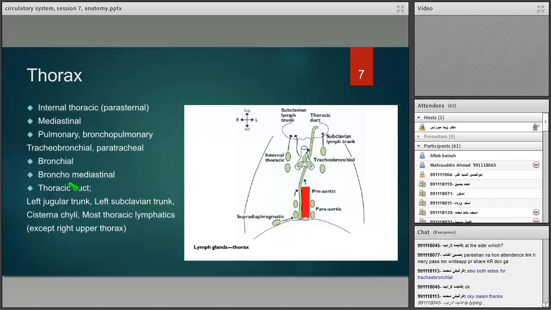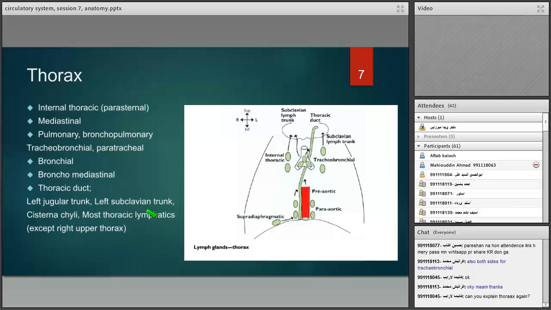The thoracic duct is receiving the lymph from the left jugular trunk. Look at here. The left jugular trunk, the left subclavian trunk, I mean the left upper limb, the cisterna chyli, I mean the lymph from the abdomen, most thoracic lymphatics, all the thorax again.